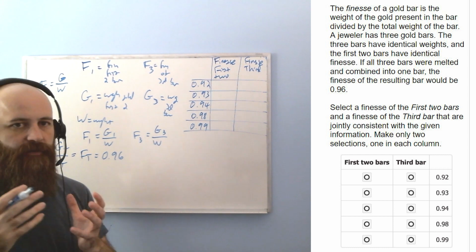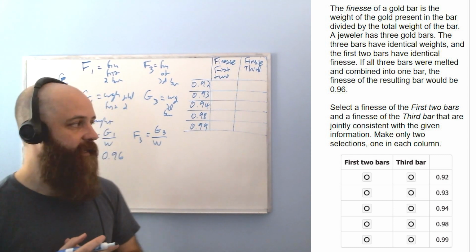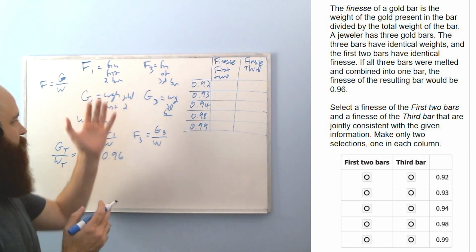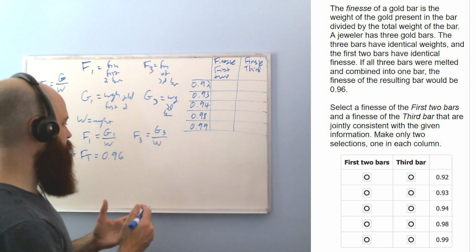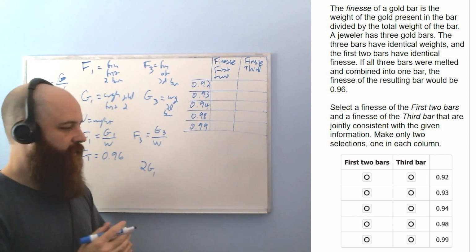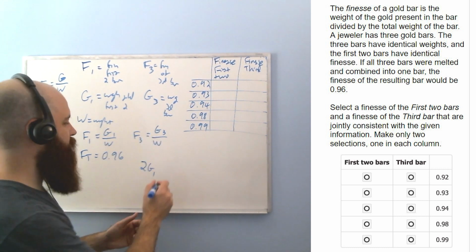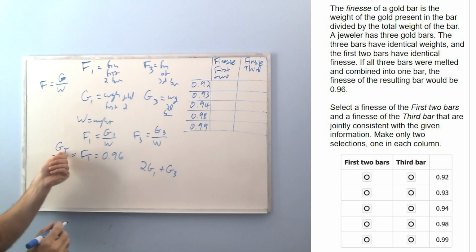Okay, so if I'm melting down all 3 bars and combining them, how much gold am I going to get from the first 2 bars? Well, each of the first 2 bars has G1, that's their weight of gold, so they're contributing 2G1. What about the third bar? Well, I just have one of those, that's contributing G3. Okay, so that's the total gold.